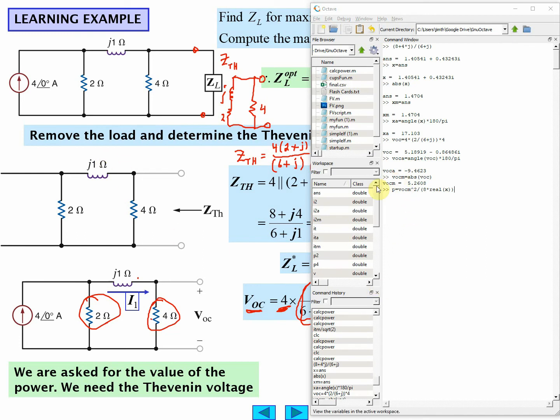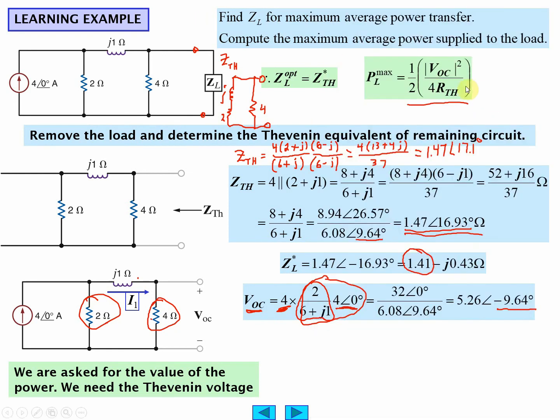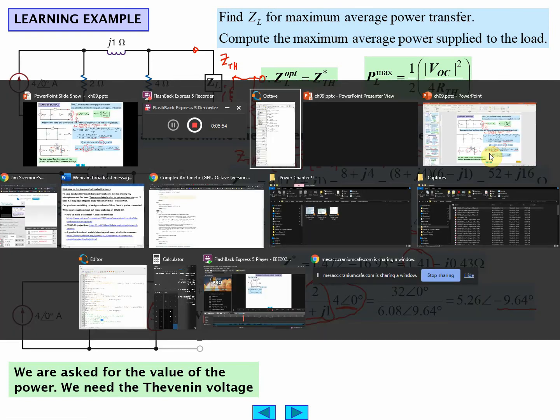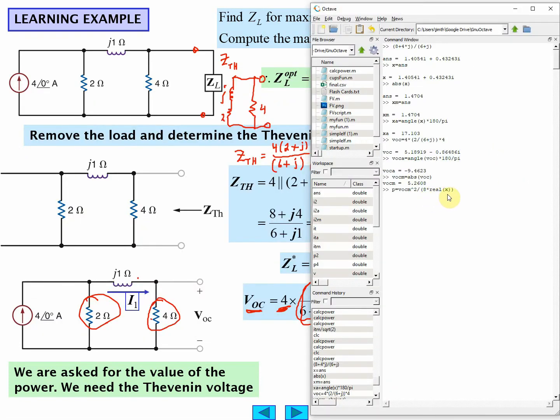So in Octave, the magnitude of the open circuit voltage squared divided by 2 times 4, 8 in other words, times the real part of the impedance, not squared, just the real part of the impedance. This formula right here.